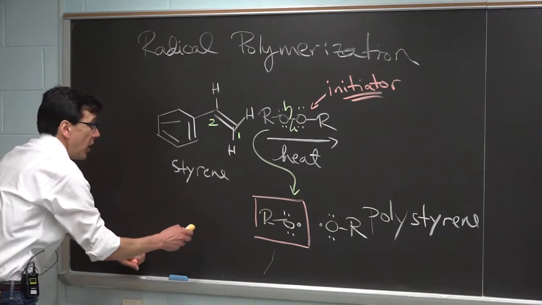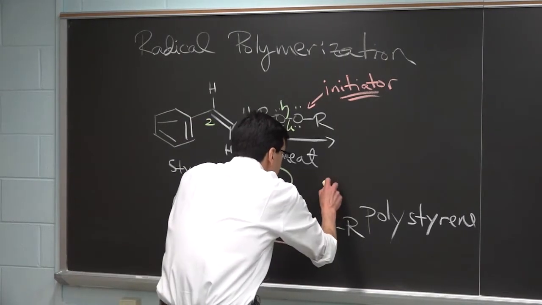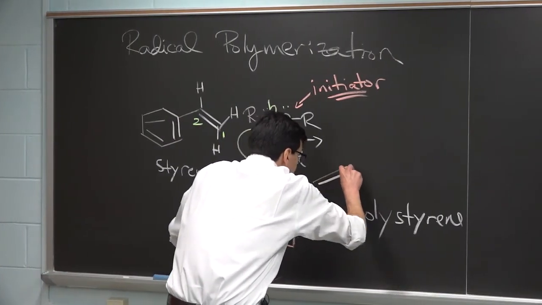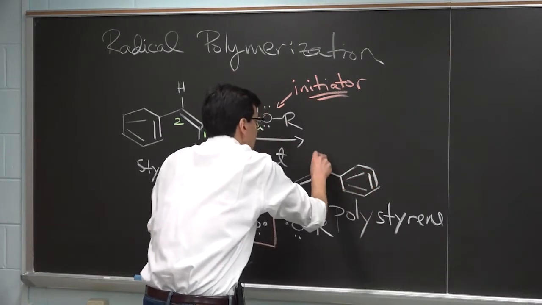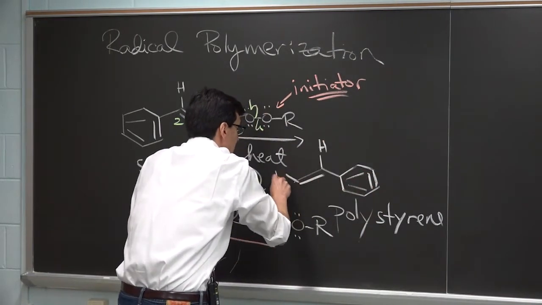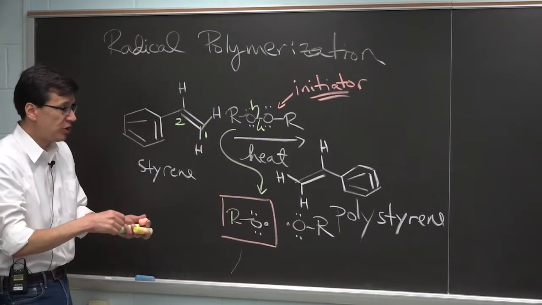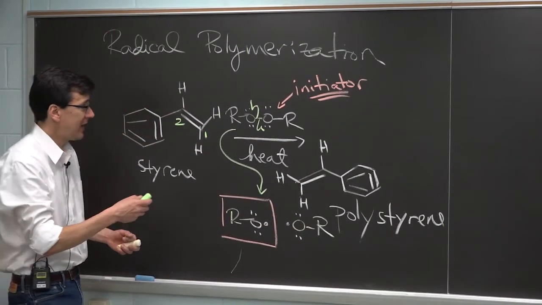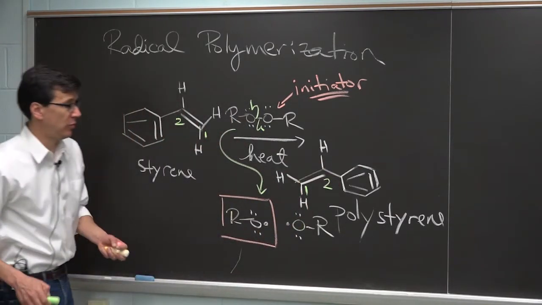Let me redraw my styrene molecule over here, just to make things a little less crowded. There is styrene, and maybe this drawing is indicative of which regioisomeric pathway we're going to take. Here's carbon 1 and here's carbon 2 as I numbered before.